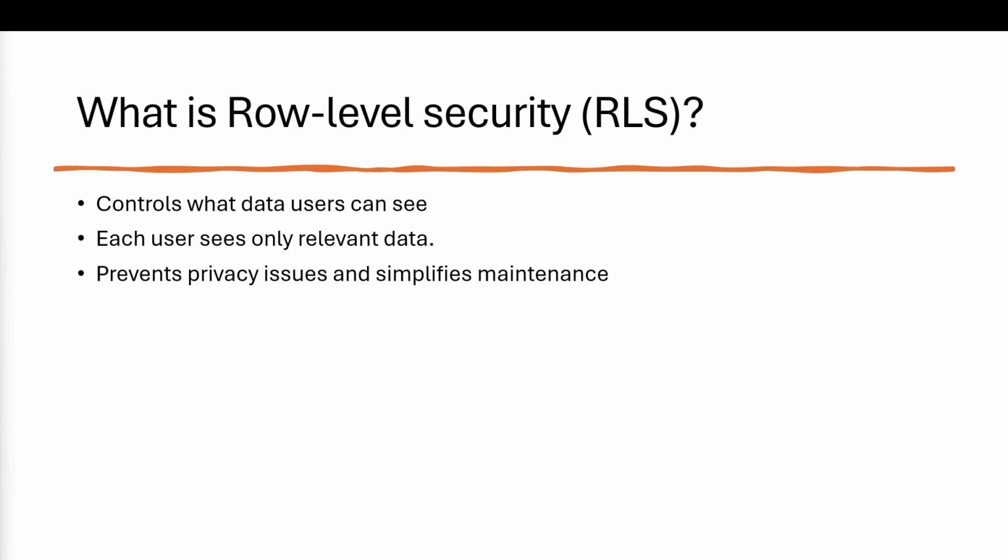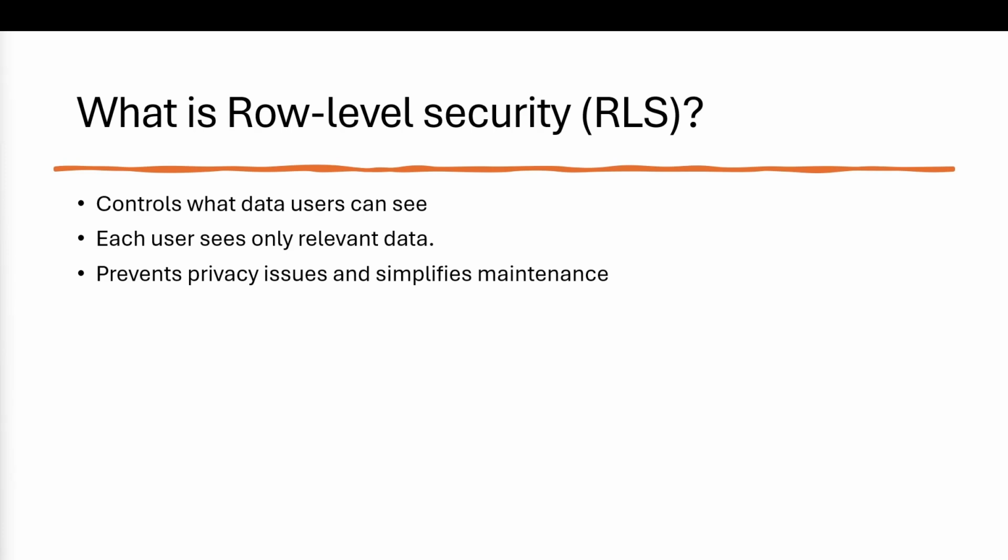Let's begin. So what is row-level security? Row-level security is a way to control what data each user has to see in a dashboard. It ensures that every user sees the data that is relevant to them. Let's say you have a single dashboard shared with 500 users. Without row-level security, everyone would see the same data, right?